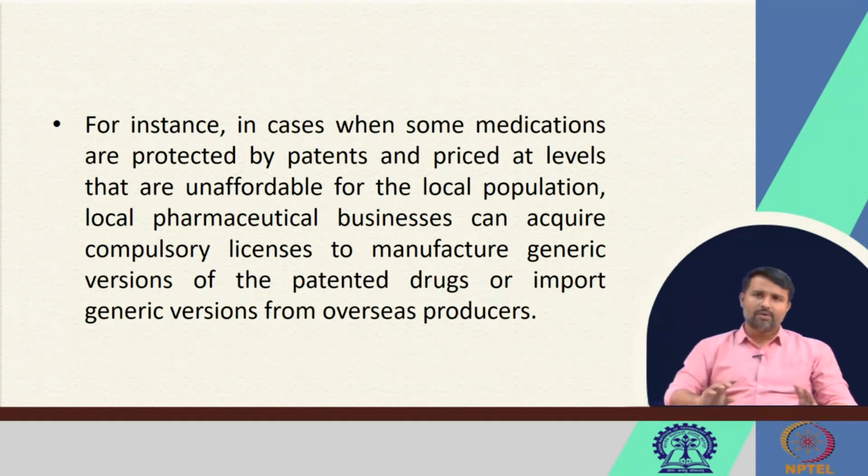So, when the drugs are not available at an affordable price, or if there is non-availability of drugs, local manufacturers are allowed to approach the government and acquire a compulsory license. Once the compulsory license is acquired, this will enable them to manufacture the generic version of the patented drug or import the generic version from an overseas producer.